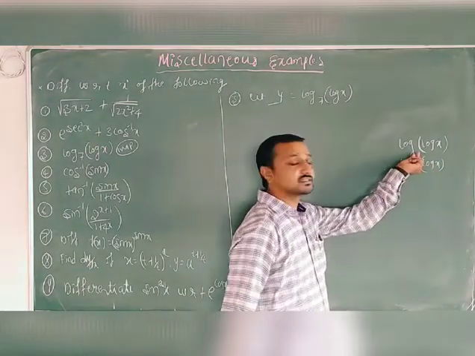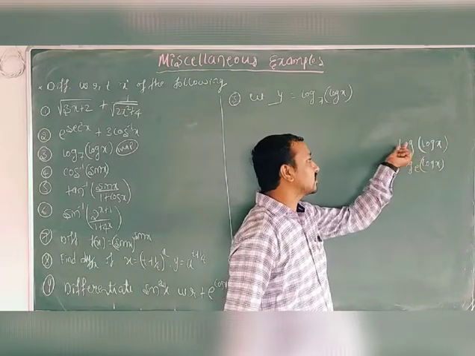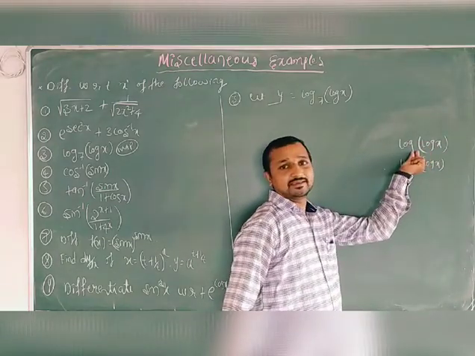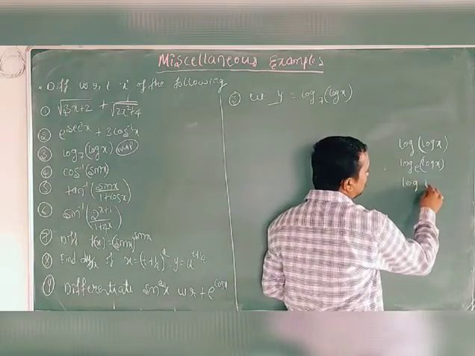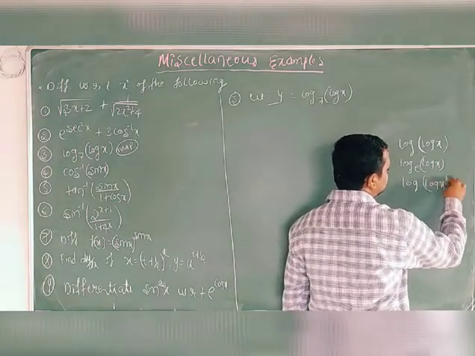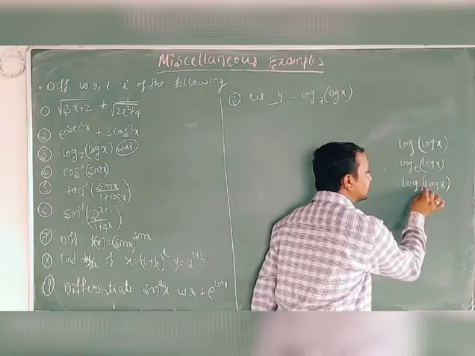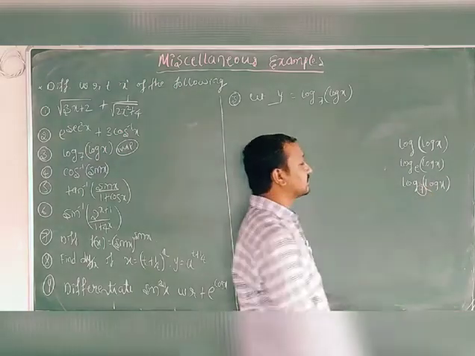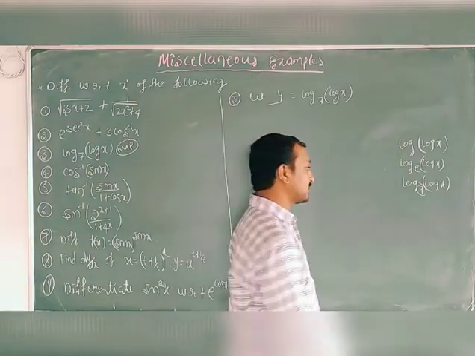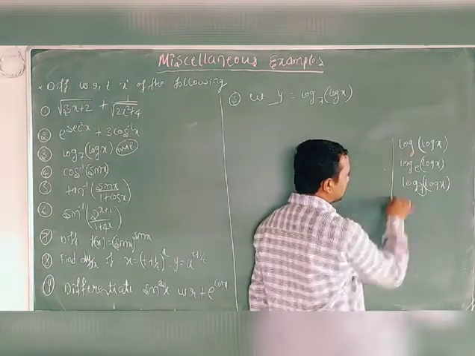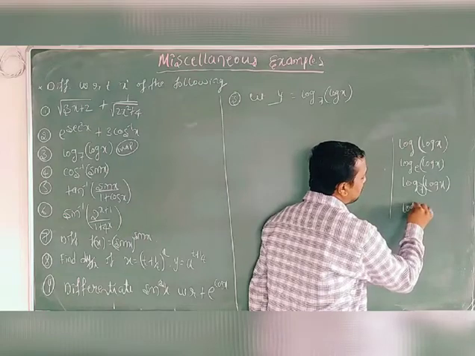Here there is no base, so automatically we conclude that this is log x to the base e, the natural logarithm. But here log x to the base 7 is there. Instead of e, another base is there. At that time we use one property. What is that property?